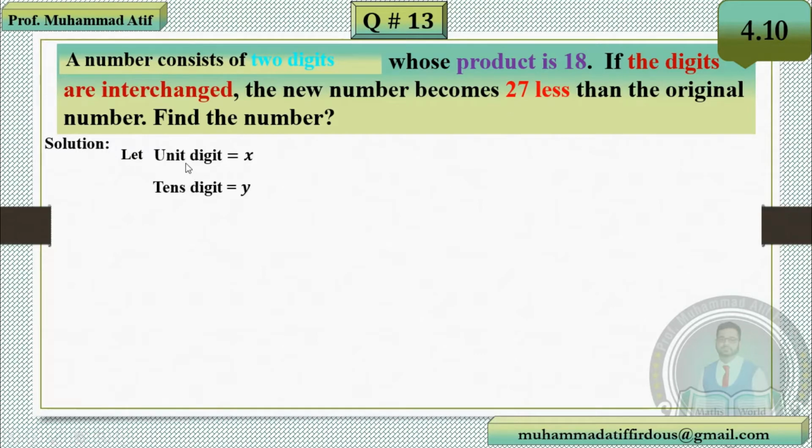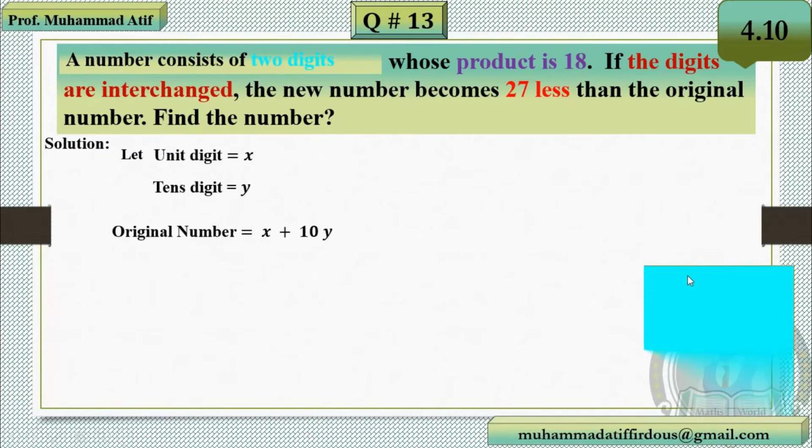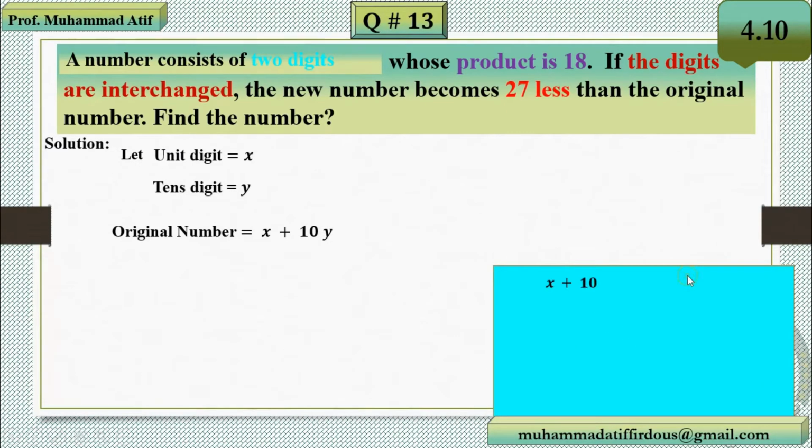So we suppose that the first one is the unit digit and the second one is the tens digit, meaning we multiply this number with 1 and this number with 10. Then the original number must be x plus 10y. How? I can explain this x plus 10y.